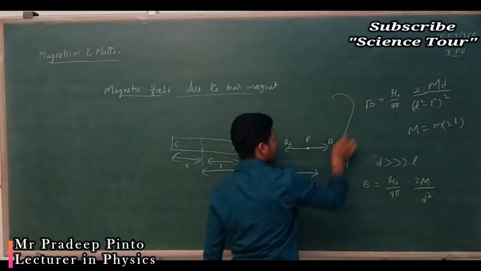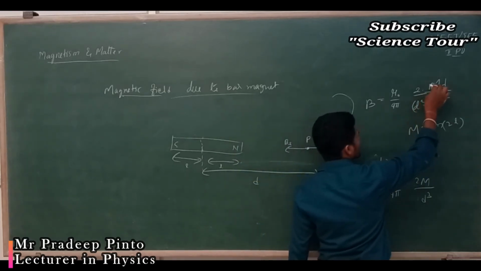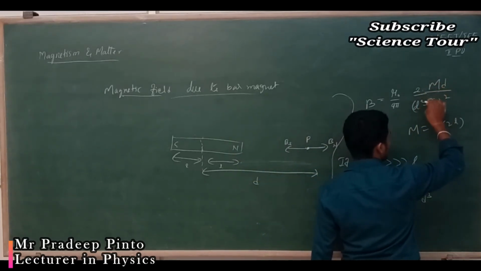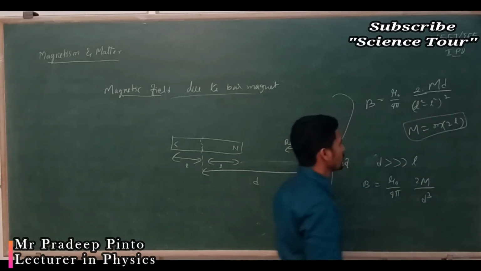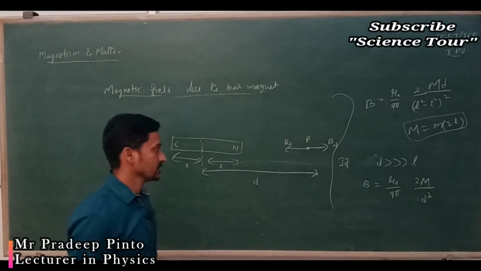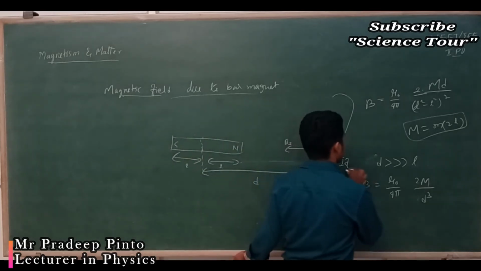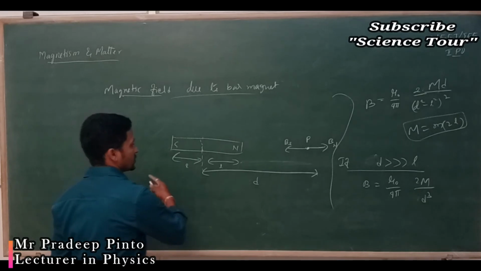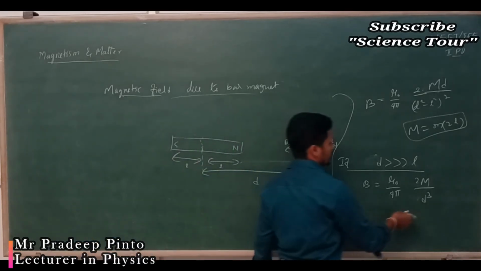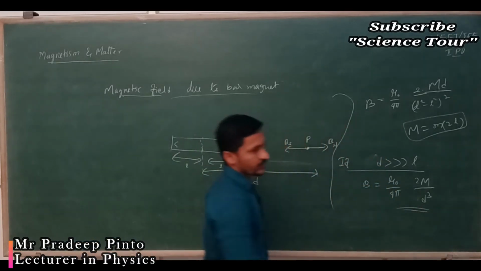Then on the axis we get B equals 2 times m d divided by (d square minus l square) whole square, where m is equal to 2l into m. Whereas if d is very much greater, on the axis we can get this formula.